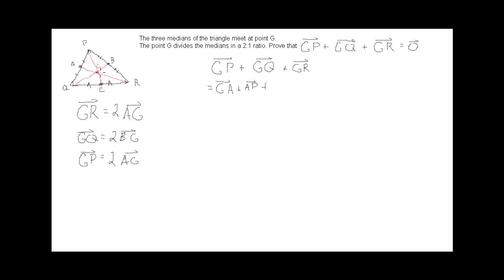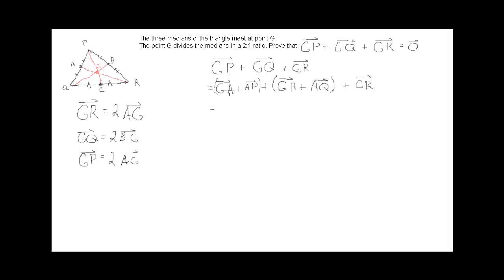Let's write that as GA plus AQ. Maybe I'll put these in brackets so we see that this is the first one, this is the second one. And let's leave GR, not change them all.